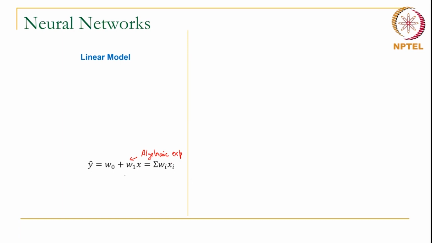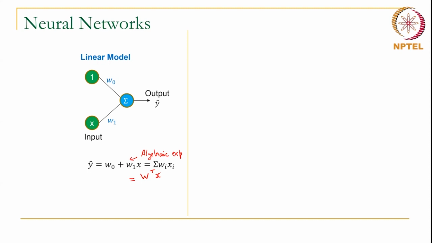Some people even write it as W transpose x, and I'll come to this later in this class itself. And this is the graphical expression here. Take an input node x, output node y, multiplied by W1, multiply 1 by W0, add the two together.